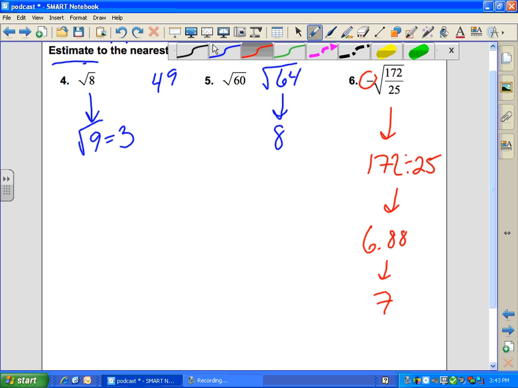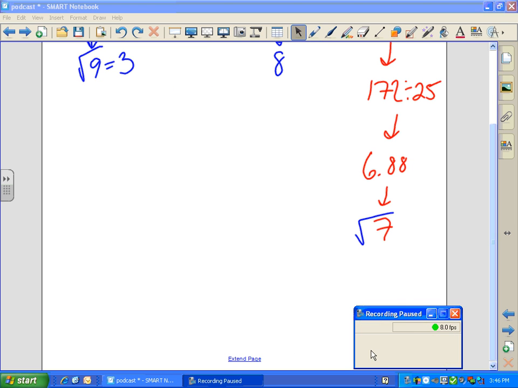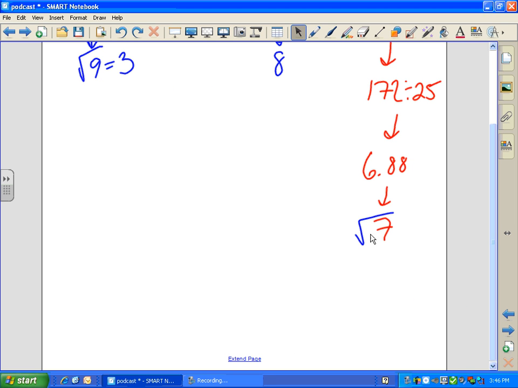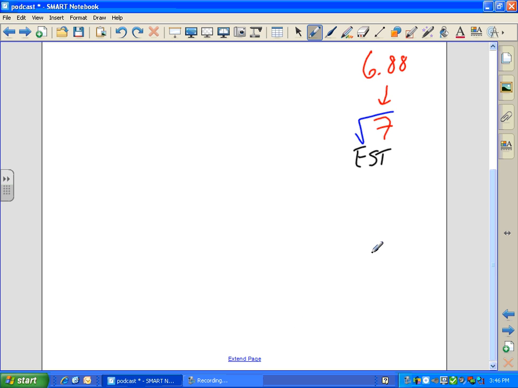I need to find the square root of 7, but I'm estimating. Well, I know that 9 is a perfect square, so I'm going to estimate this to the square root of 9, and the square root of 9 is 3.